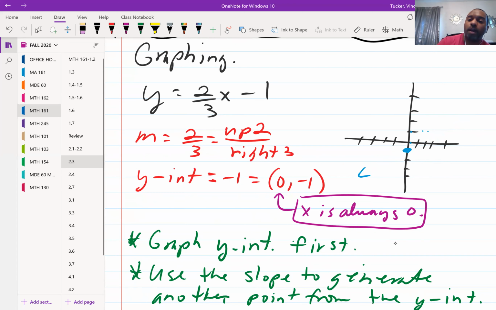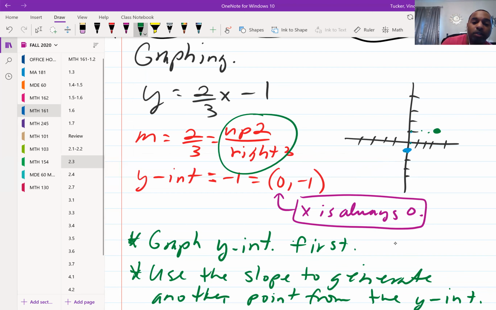So when we look at what we have here, first thing we would do is graph the point, which is 0, -1. And then from that point of 0, -1, I go up 2, right 3, which will put me right here. So once again, you're not generating a point from the origin.